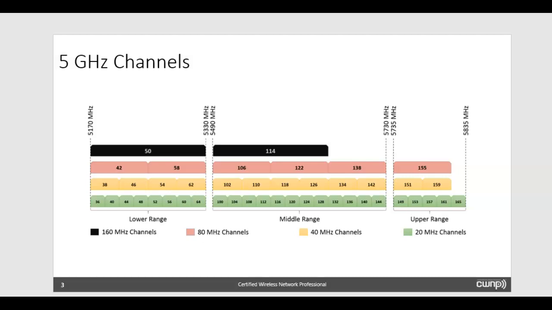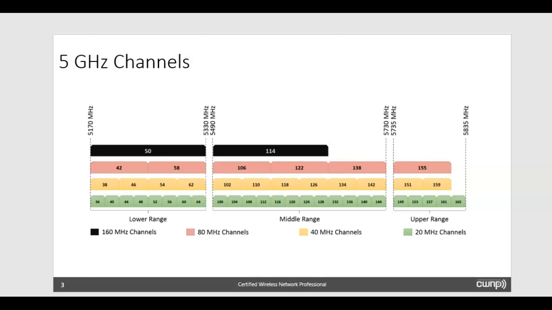So there are far more than the 3 channels we had in the 2.4 gigahertz range, and you've got some benefits. The big benefit in 5 gigahertz is that they don't overlap.